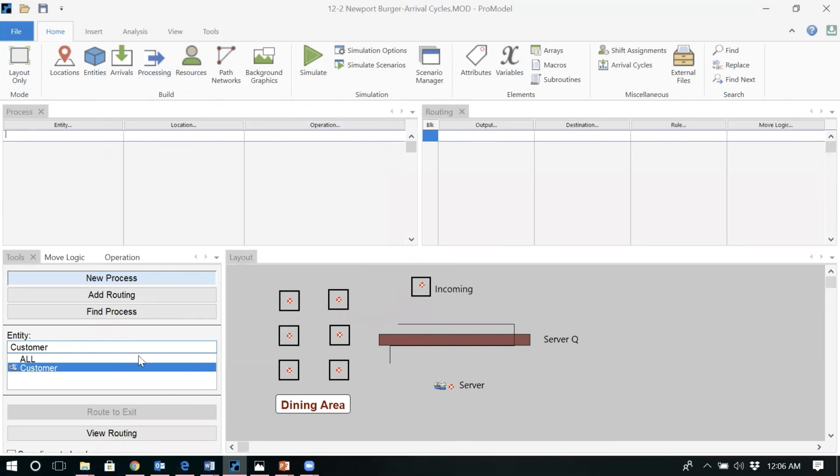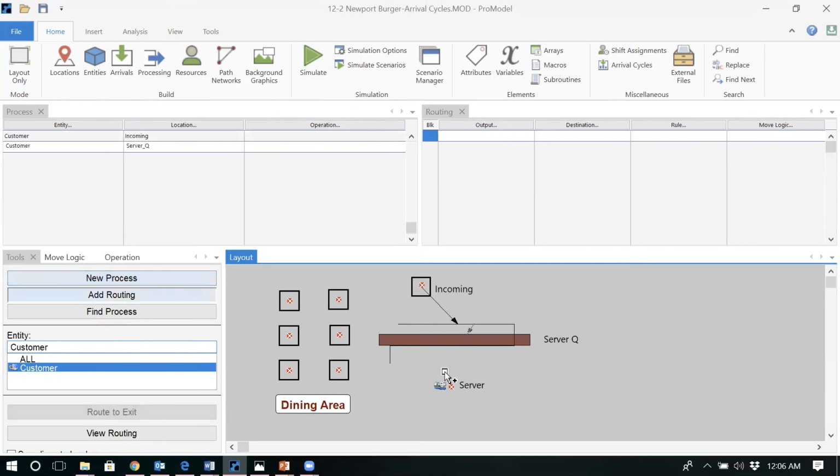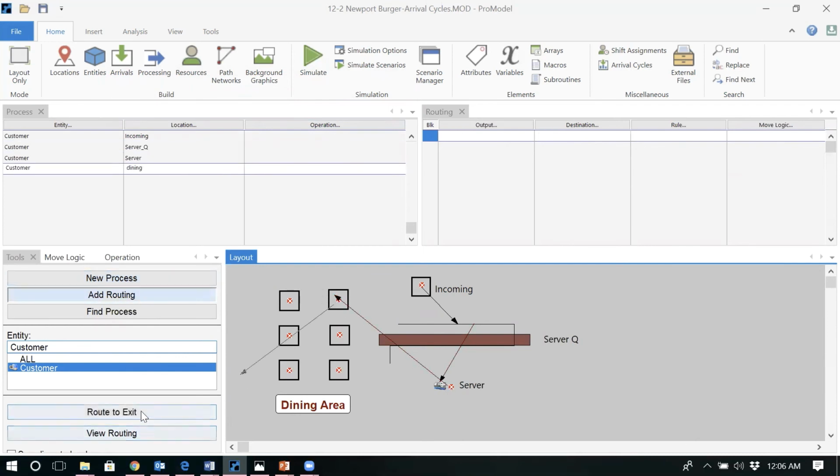Next in processing, I'm going to pick the customer, and then the customer that is already at incoming goes to the server queue, from server queue to server, from server to dining, and finally from dining to exit.